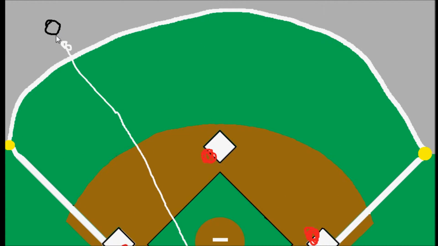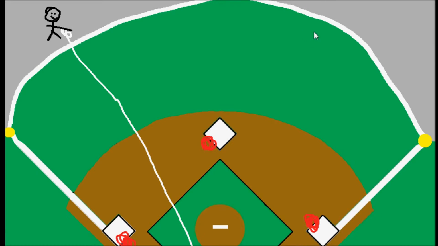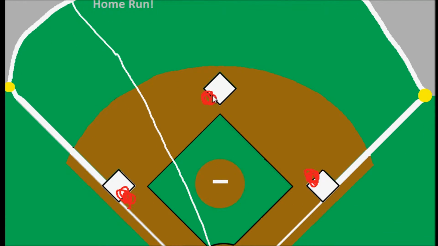Maybe there's a lucky fan out here who catches it. If the ball goes over the fence, it's a home run. And in this case, because the bases were loaded, a home run with the bases loaded is something we call a grand slam.